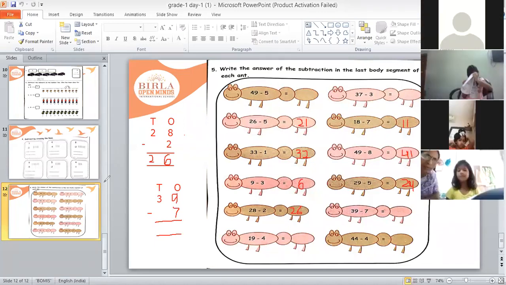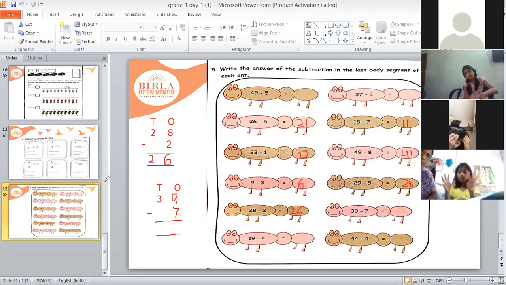Okay. So what we'll do, we will take out our 9 fingers. Show your 9 fingers. Come on, fast. Now, from these 9 fingers, Ananya, after minus sign, what is the number? 7.